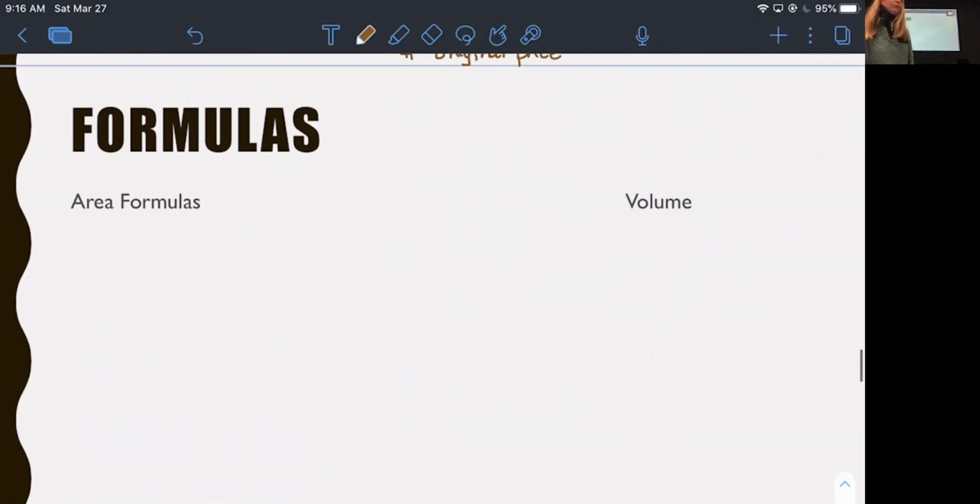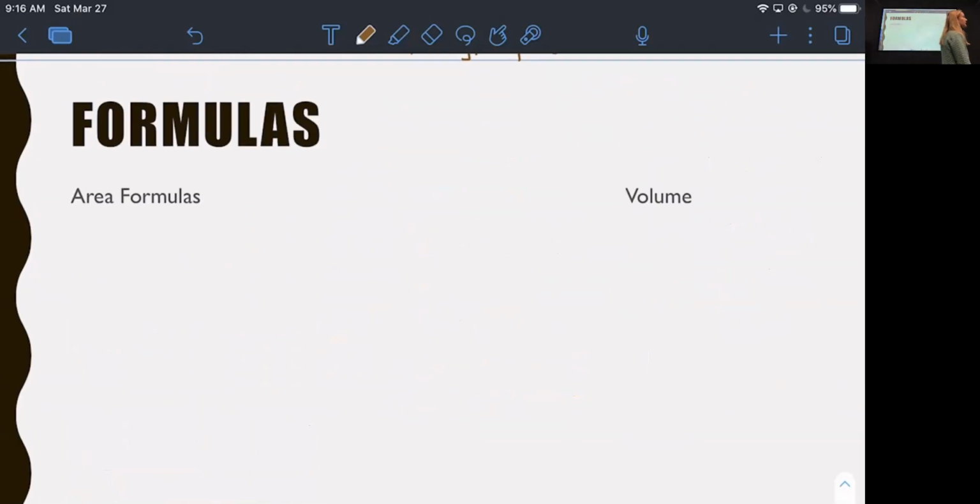Some common area formulas that will show up on the ACT. Your rectangles, your squares. So the area of a square is just going to be side times side. I'm not going to put s squared because they look like 5, so I'm going to write it out: side times side.